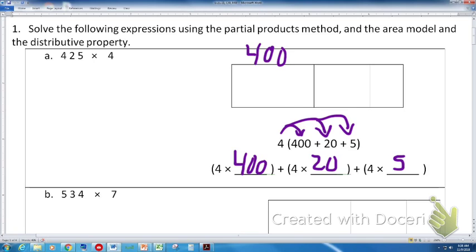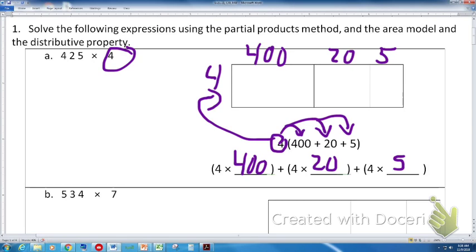Then our next one is slightly smaller, so we put 20. And then our last one, we put 5. Now our distributive 4 is going to go right here. Essentially we're going to find the area of each one of these squares.